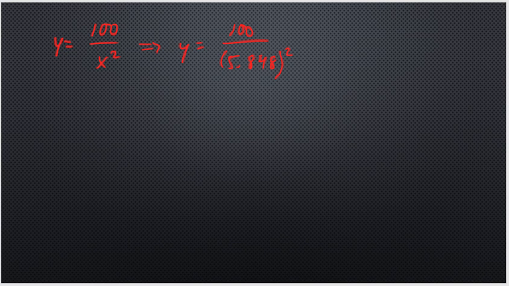If we do 5.848 times 5.848, we get just over 34.199104. So if we do 100 divided by that, we get just under 3.